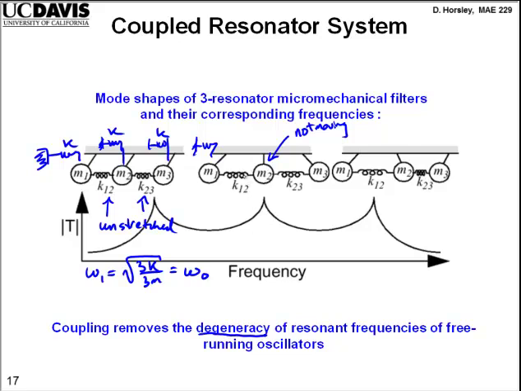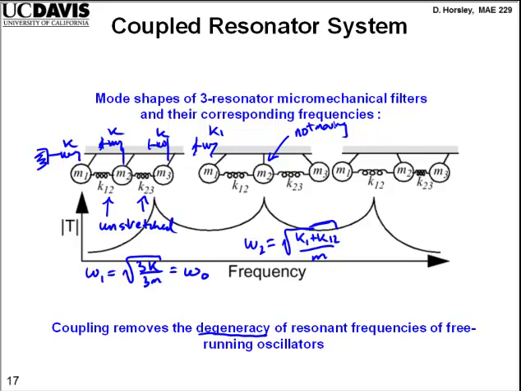So now K12 is adding to K1, and we get a different frequency. Omega 2 is going to be the square root of K1 plus K12 over just the mass here, K1 being K.